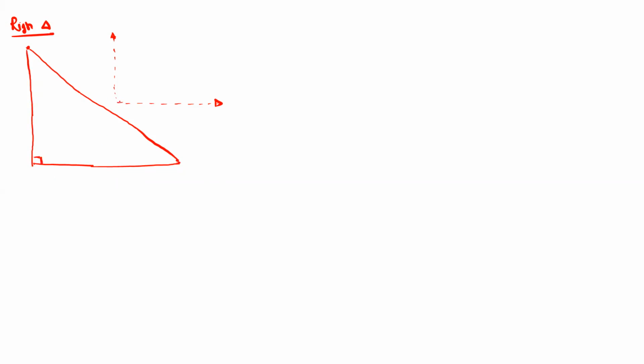Okay. So this right angle triangle, it lies in the negative x side and negative y side. So we will first locate its centroid. So this is the position of the centroid. So this is G4.